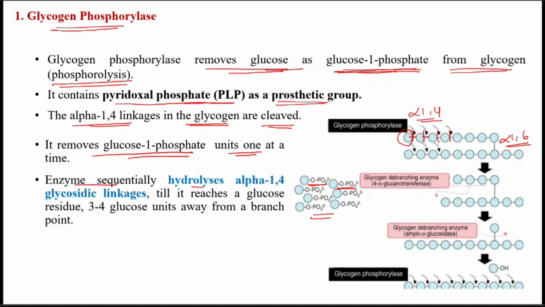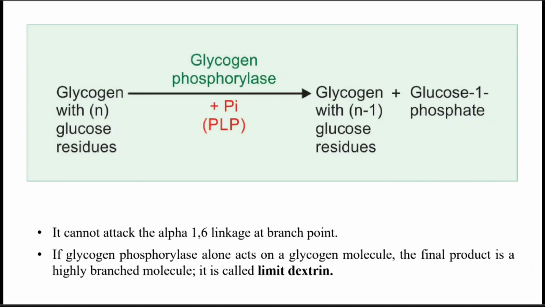This enzyme sequentially hydrolyzes alpha 1,4 glycosidic linkages till it reaches a glucose residue that is 3 to 4 units away from the branch point. The cleavage continuously occurs in the straight chain till the enzyme reaches a point where it is 3 units away from the branch point.